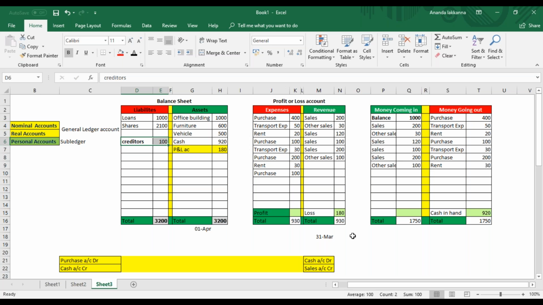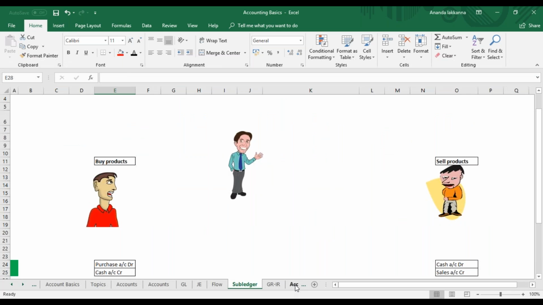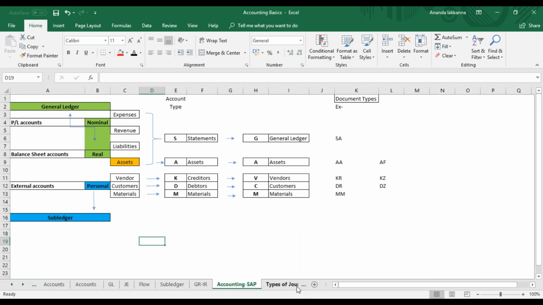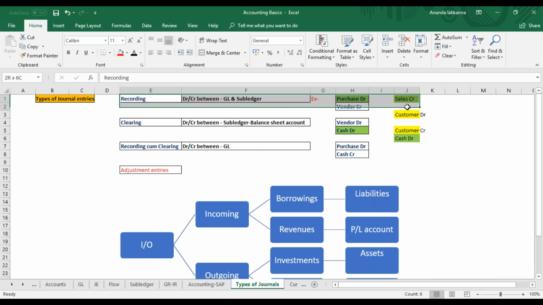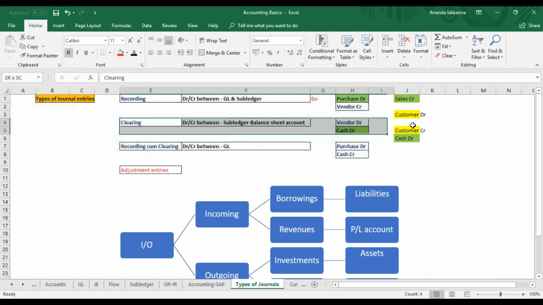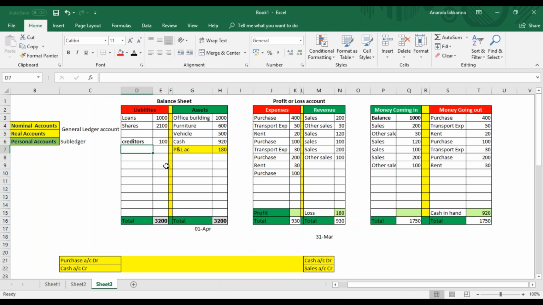So whenever you are closing any balance sheet, at any financial year or period, those subledger accounts which are not cleared, which are recorded but not cleared, those entries will generally come to current liabilities and current assets.